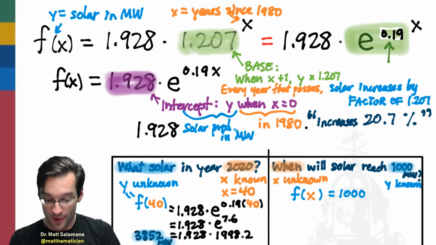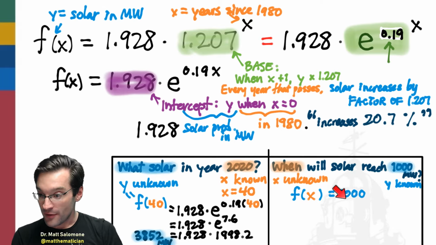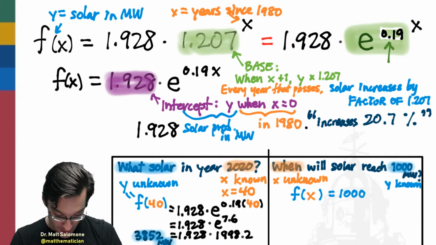Right? So I have an equation now where x is unknown, but the value of y equals f of x is known. The value of y is 1,000. So if I put in my expression for f of x, 1.928 times e to the 0.19x, and then I have equals 1,000.